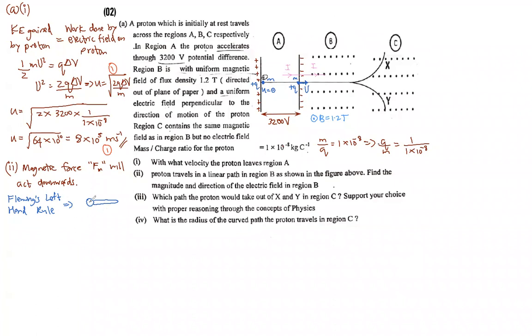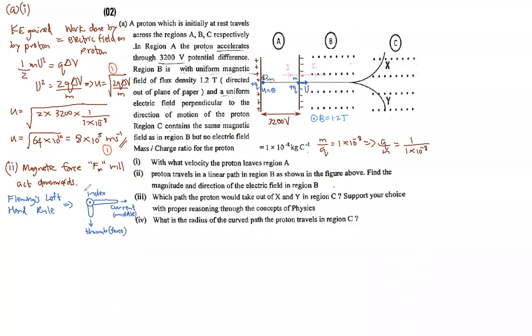The magnetic field is out of the plane like this, so the thumb is directed downwards. Downwards is the thumb, the force, and in this direction will be the current, that is the index finger. This is not the index finger, it's the middle finger.